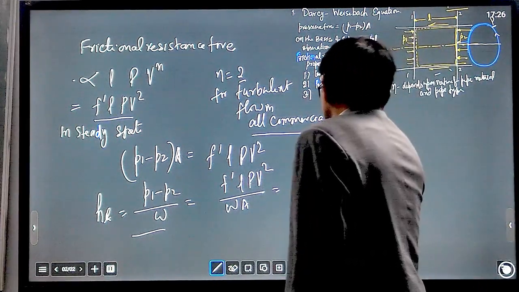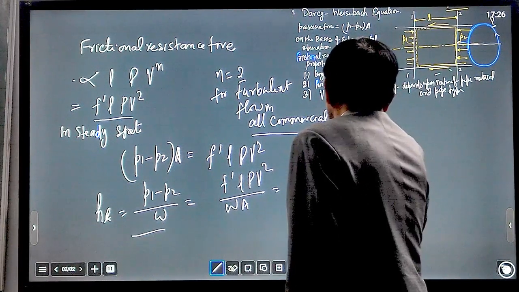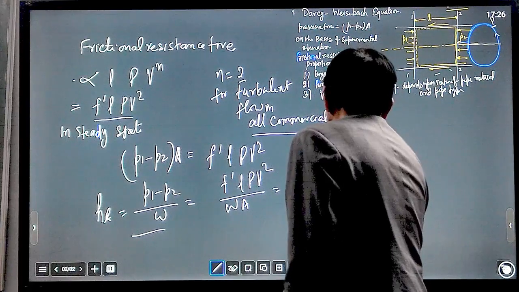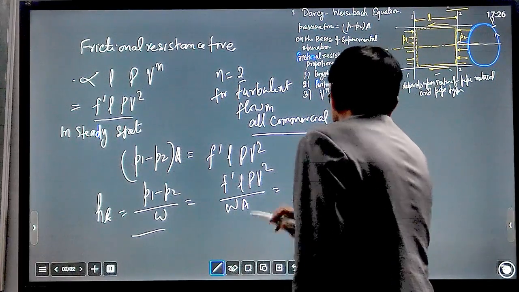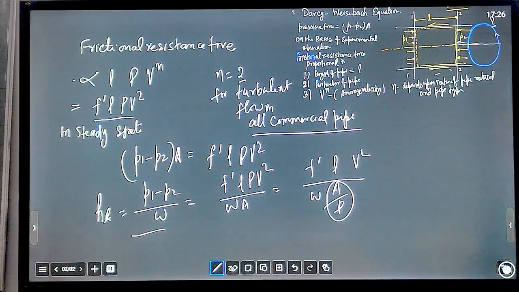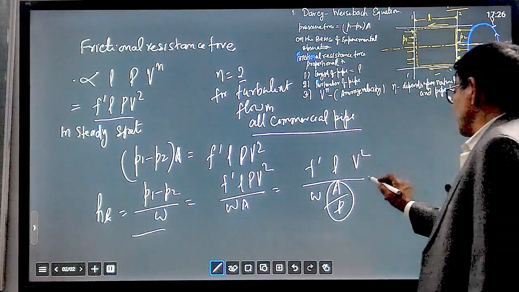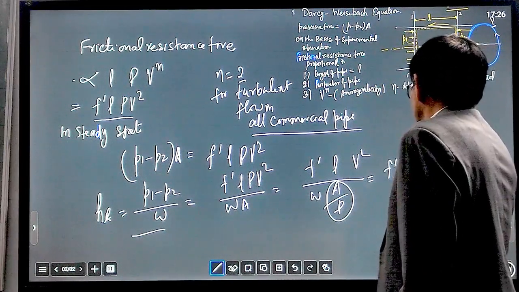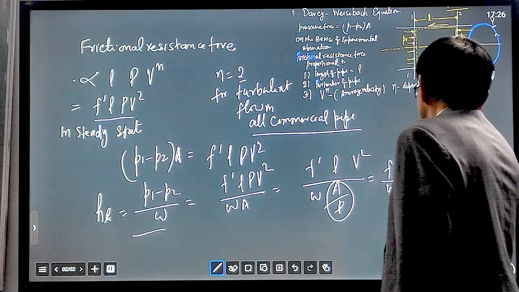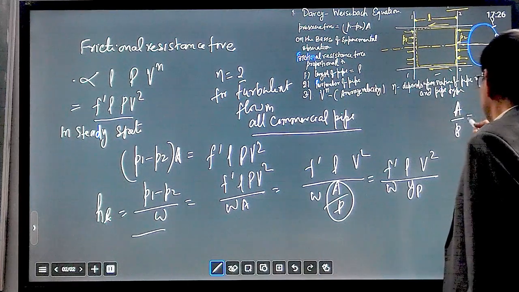We can write this equation as F', L and V squared, taking P by A, and W. So A by P is the ratio of area to perimeter, which is known as the hydraulic mean depth, Ym. That is equal to, we can write, F' L V squared upon W into Ym.